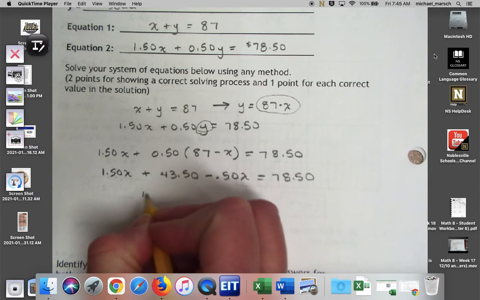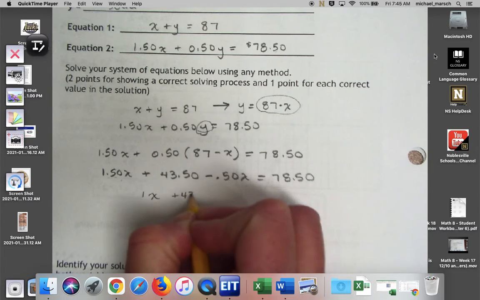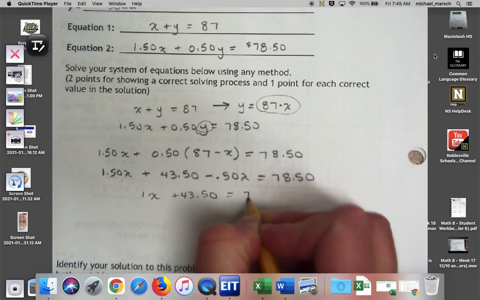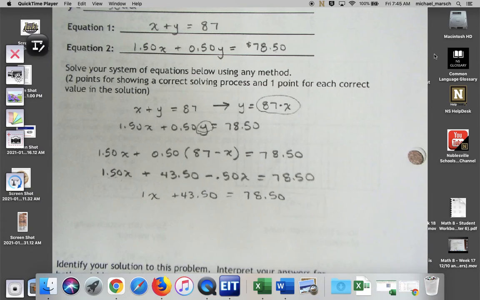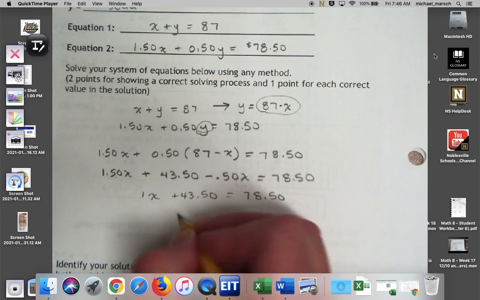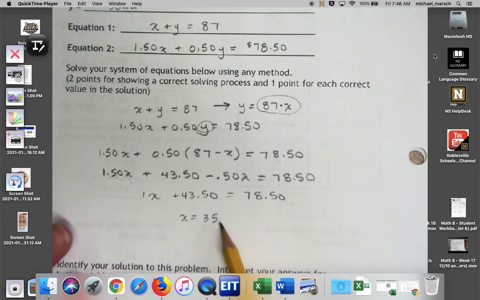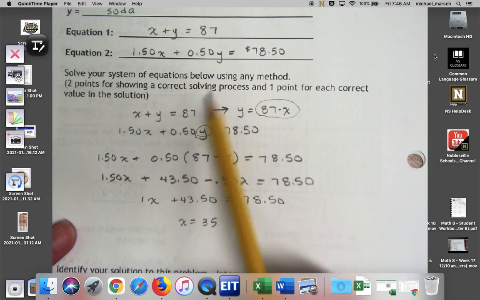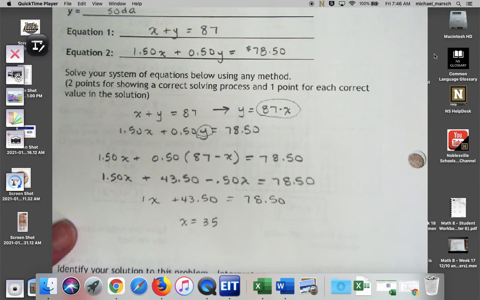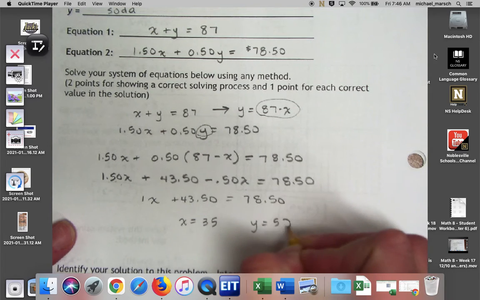So now I have 1x plus 43.50 equals 78.50. So I just have to subtract $78.50 minus $43.50, and I'm going to have x equals 35. So if I know x is 35, and I sold a total of 87, I can do 87 minus 35, and I know my y is going to be 52.